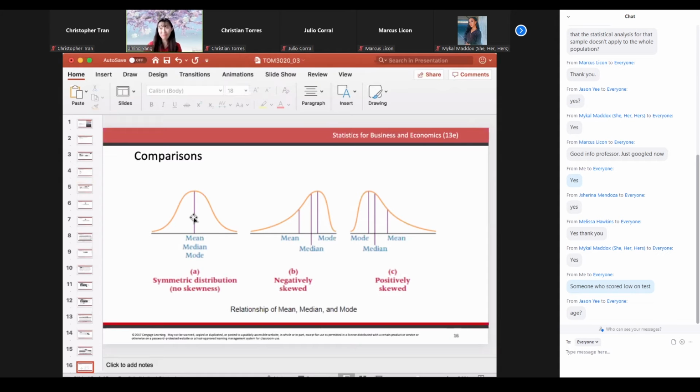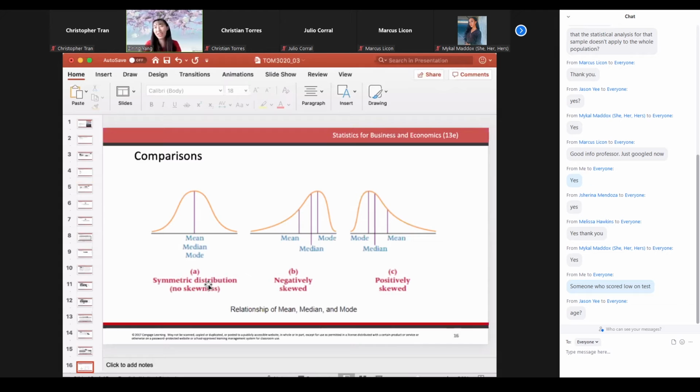Yeah, that's a good example. In some societies, I wouldn't say all, but in a lot of societies, age distribution follows that. We have a good middle-aged workforce, right? And we have young kids, and we also have parents who are older.